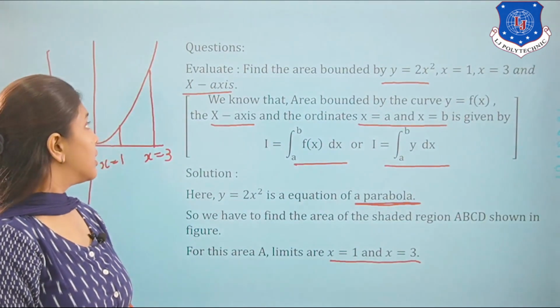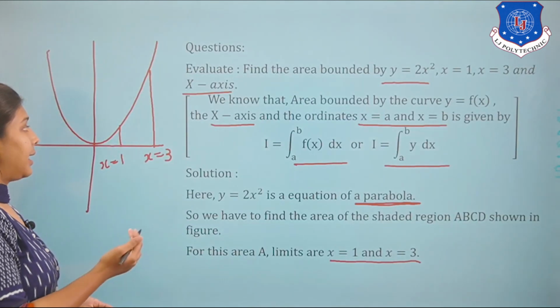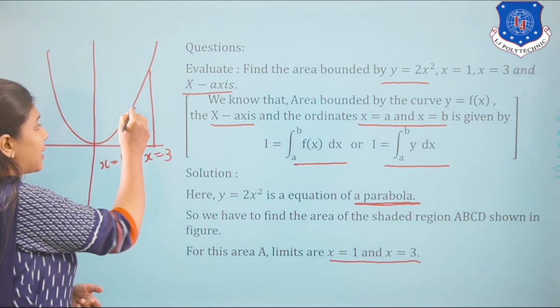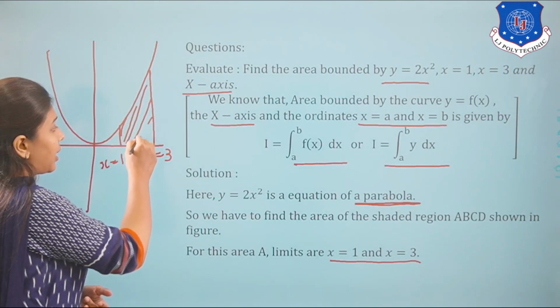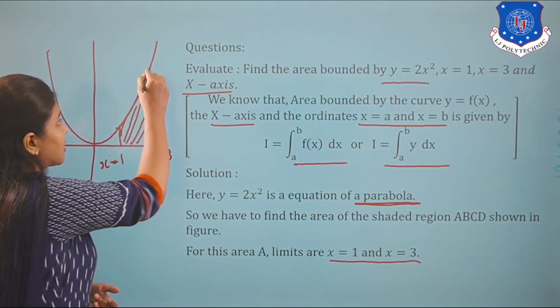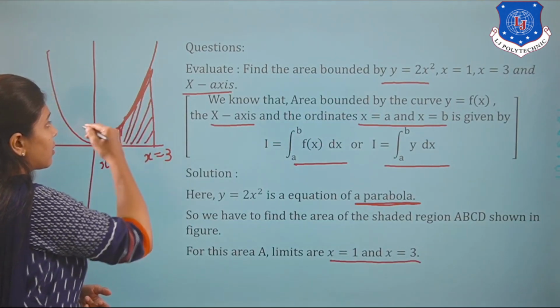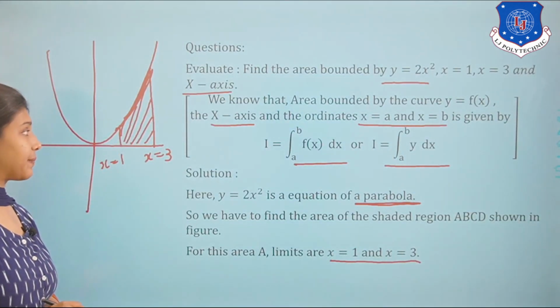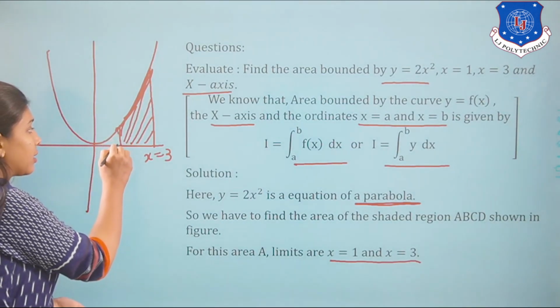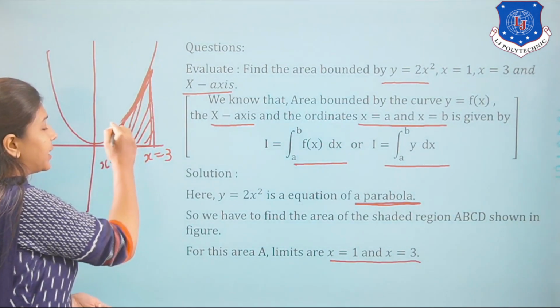Area, right? That means this part between both the limits and bounded by this curve are your area. So you need to find this shaded region.